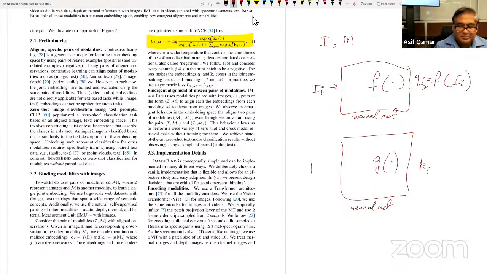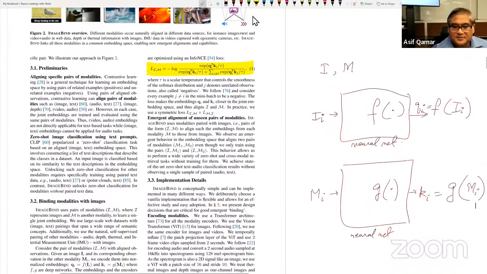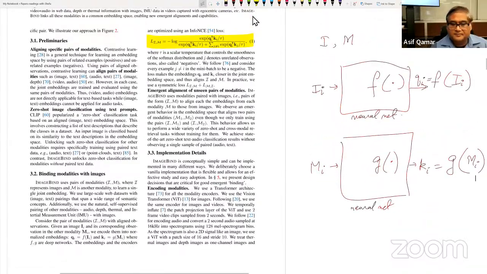So suppose some modality mi goes in, it will become ki, which will be equal to G of mi. So far, so good, right? And now think about it this way, that if this is true, what do you want? What will the similarity, what is the measure of similarity in high dimensions that works well?